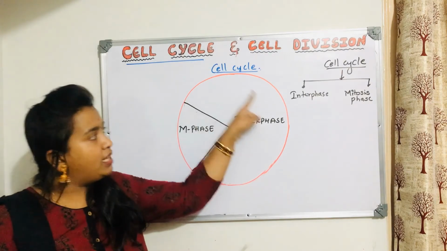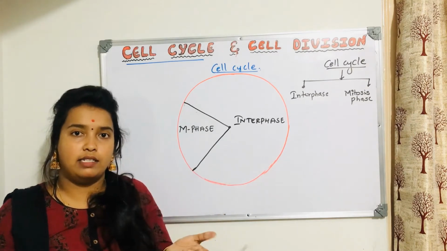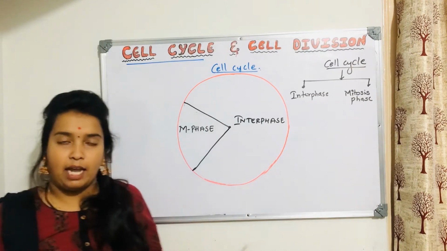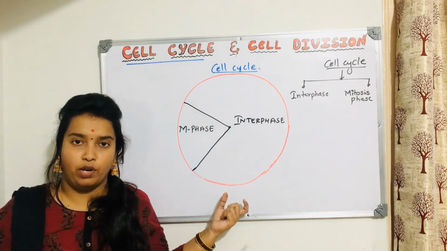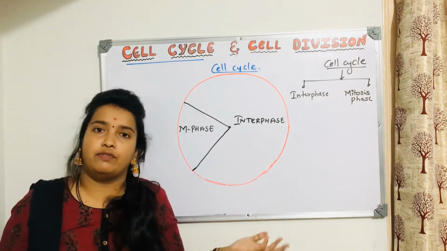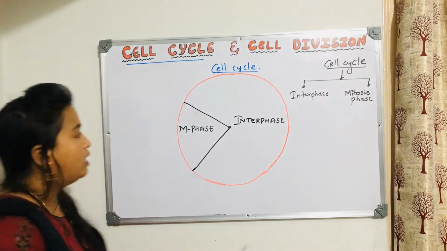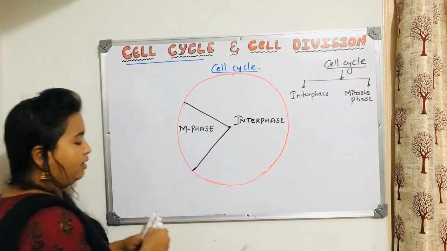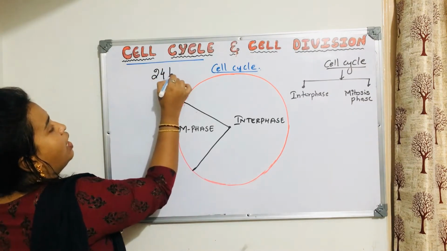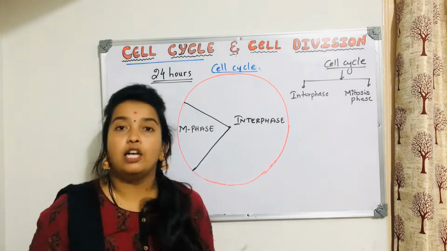Now if you see the portion I have given for interphase, you can understand that interphase takes a long time, or the duration of time is more here. Remember, the cell cycle differs for different organisms. If you consider a human being, to complete one cycle the cell will take 24 hours.